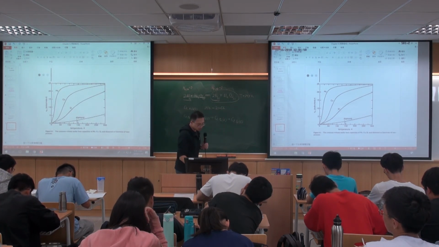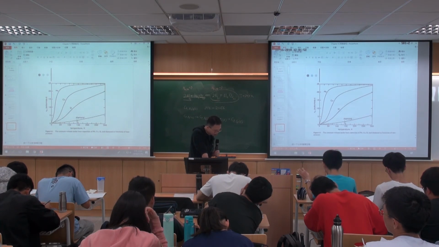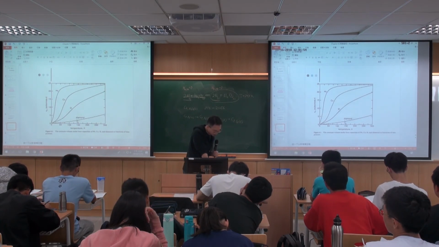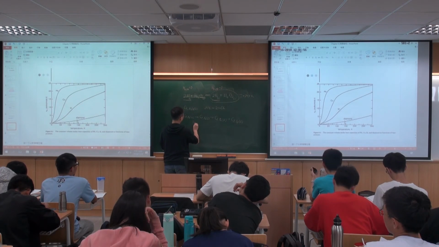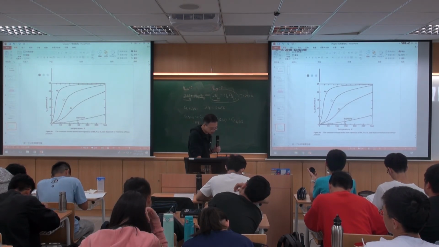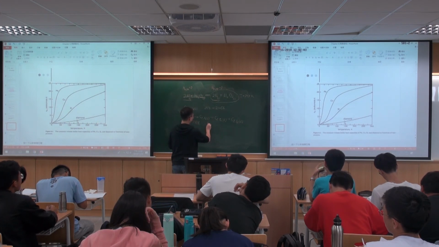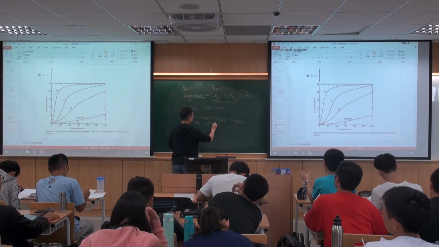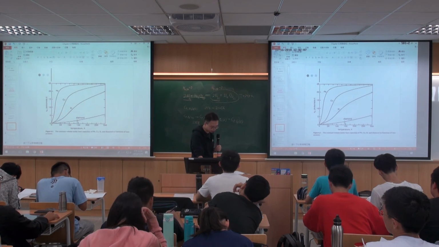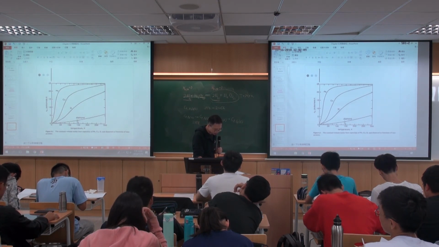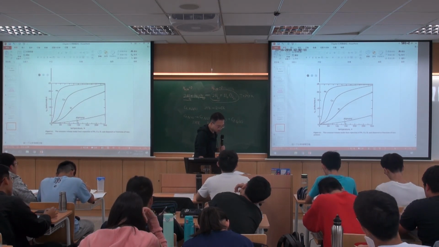So the first transformation will take place at 1187 Kelvin. And the second one is 1664. And the melting temperature of that is 1809.